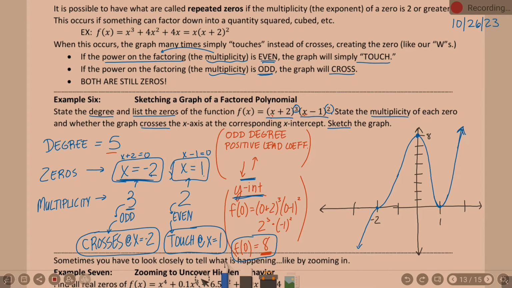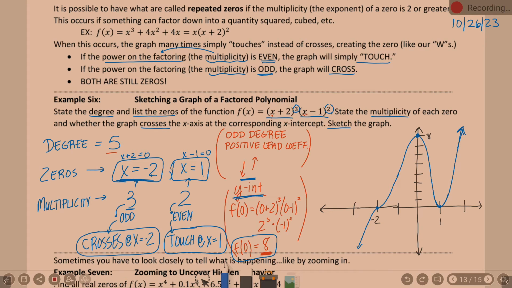And knowing if the multiplicity is odd, the graph's still going to cross there. If the multiplicity is even, it's going to touch instead of cross. All important information you need to pull together. The more we know about this graph, the more we can do on our own before looking at the calculator.